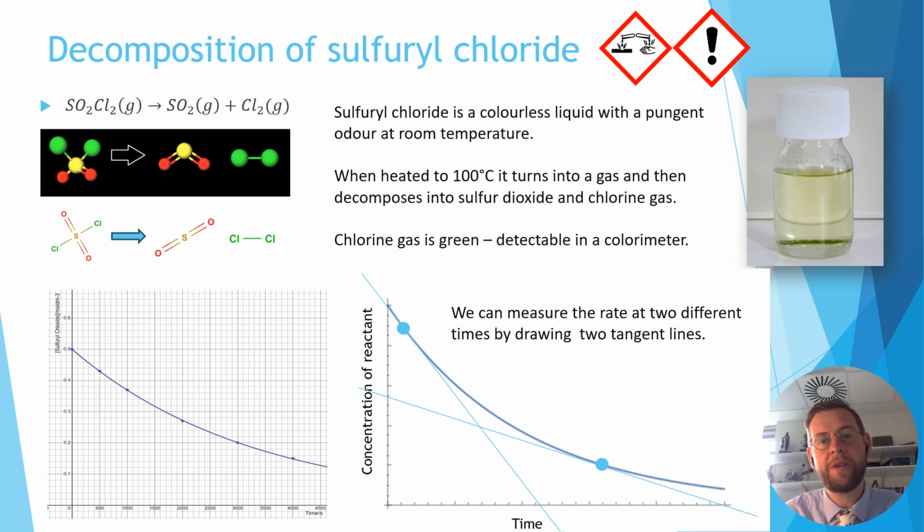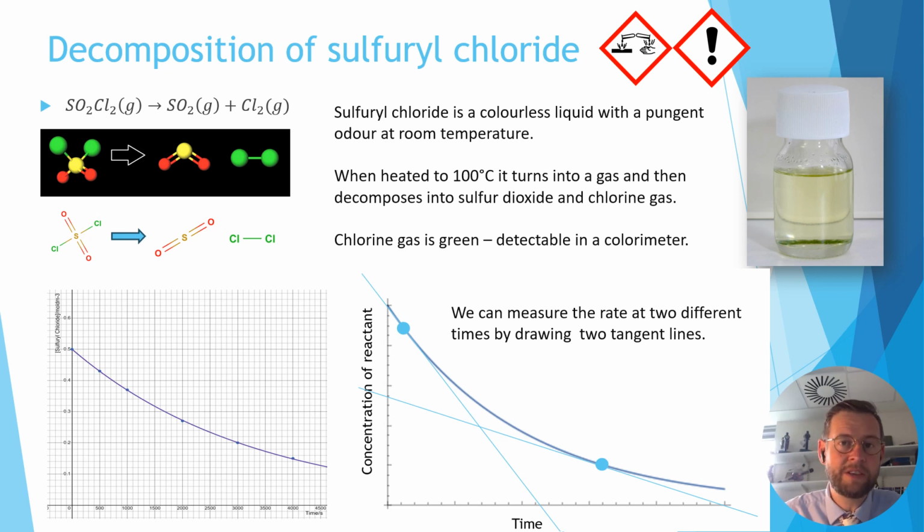If it gets warmer than that, it turns into a gas and starts to decompose. It breaks up into smaller molecules, forming sulfur dioxide, which is pretty unpleasant, and chlorine gas, which is also pretty unpleasant. But that chlorine gas is green, so we could observe the concentration of this product being formed by looking at how green it is.